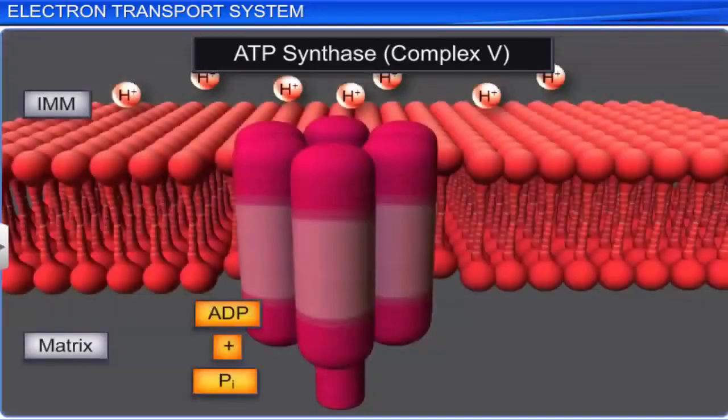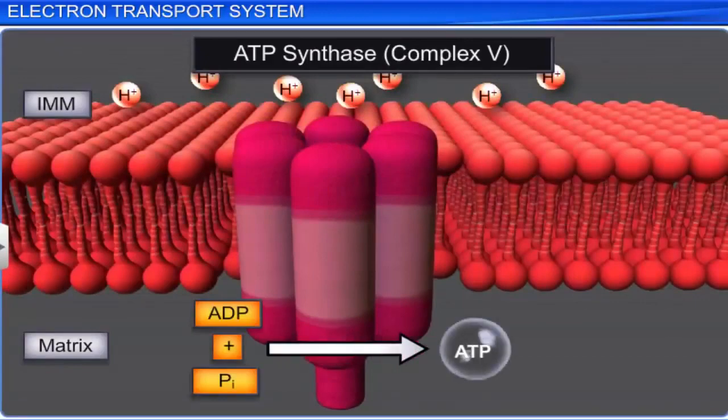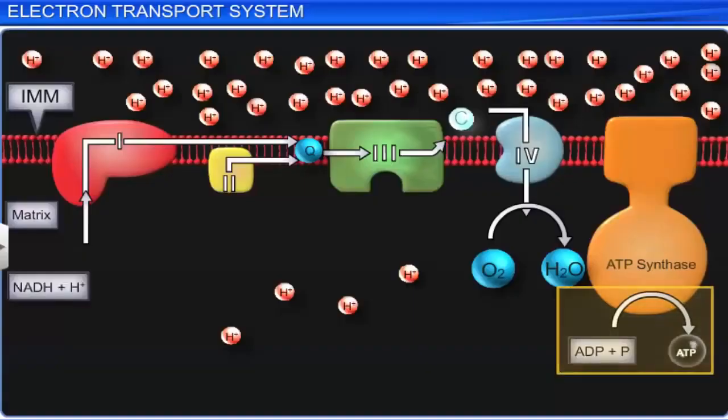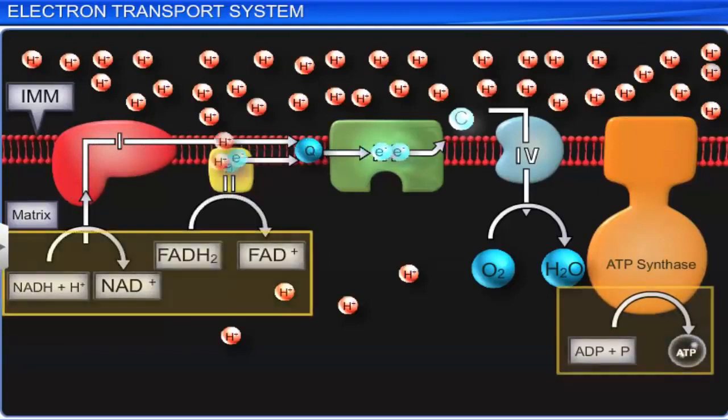The energy derived from the proton pumping is used for the synthesis of ATP. Thus, when two protons are pumped from the intermembrane space to the mitochondrial matrix, one molecule of ATP is synthesized. The number of ATP molecules synthesized through ATP synthase depends on the nature of the electron donor.